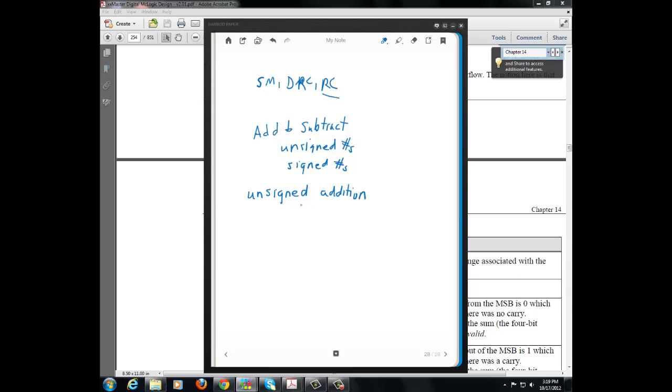With unsigned addition, you need to start worrying about a condition known as overflow. And what is overflow? This is when you are adding two numbers and the result of that addition is larger than what you can represent with the number of bits that you have.